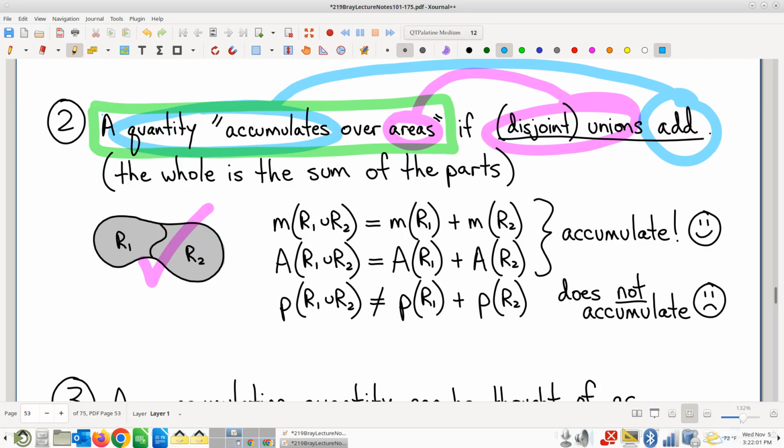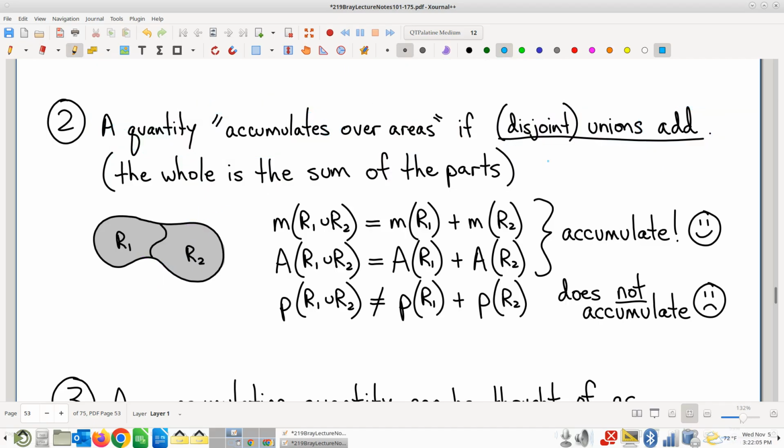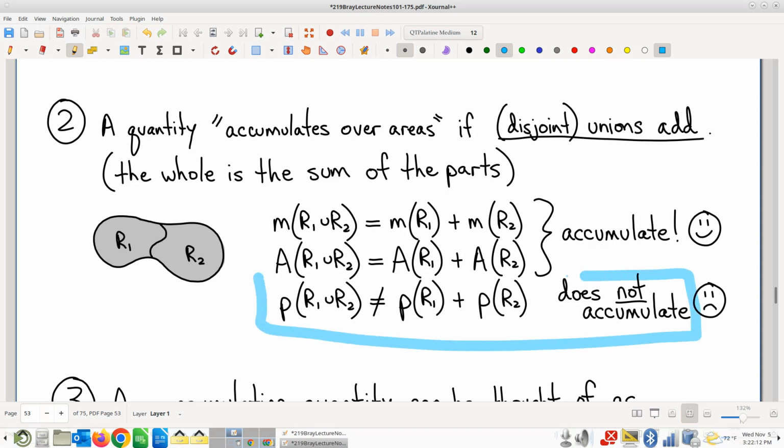Not obvious statements. The reason we have to make a thing out of this is because not every quantity is an accumulating quantity, so it's not something you can take for granted. It's something you have to appreciate because it isn't always true. And perimeter, I think, is a really nice counterexample. The perimeter of R1 plus the perimeter of R2 is more than the perimeter of the union.